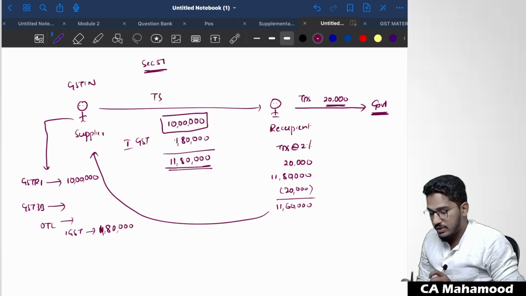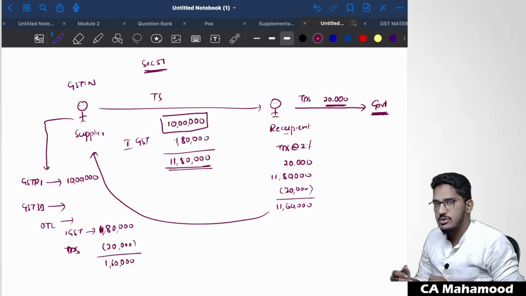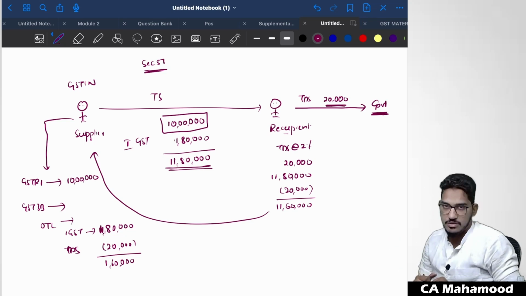He need not pay this entire liability. Whatever the recipient has deducted and deposited with the government, he can claim as TDS credit. That is 20,000 rupees, and only the balance 1,60,000 he will be required to pay. Against this also he can avail the input tax credit. If any excess is there, that balance amount will be paid in cash.